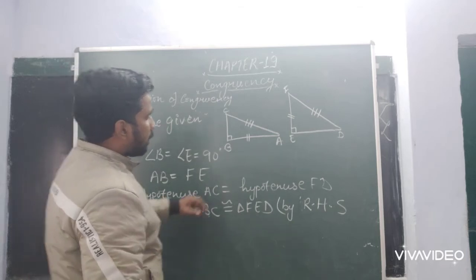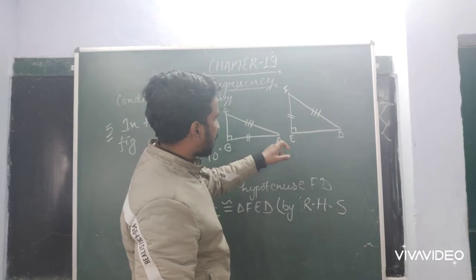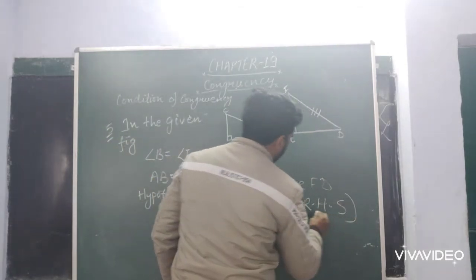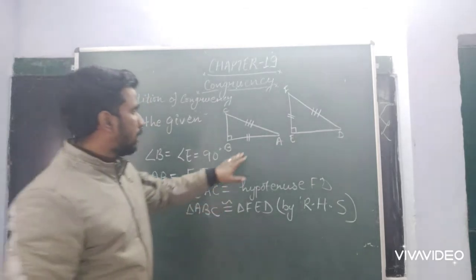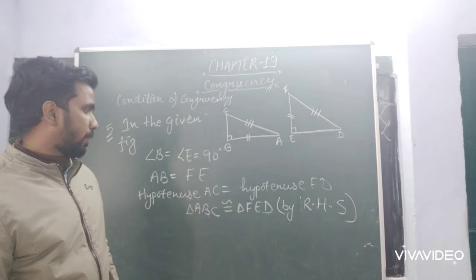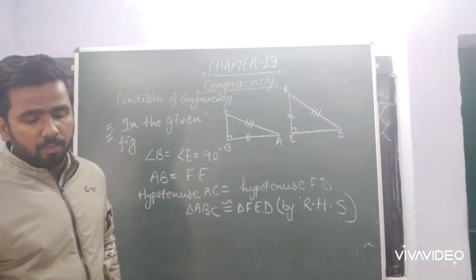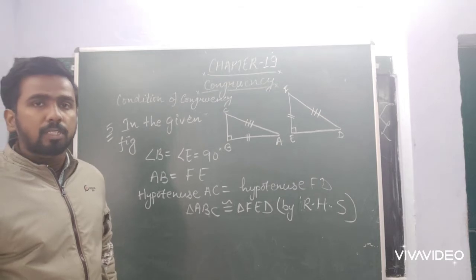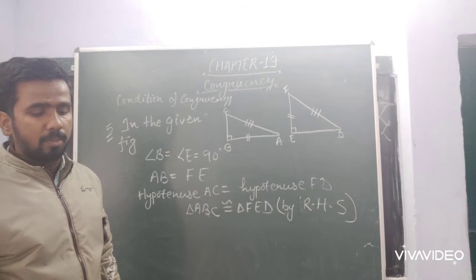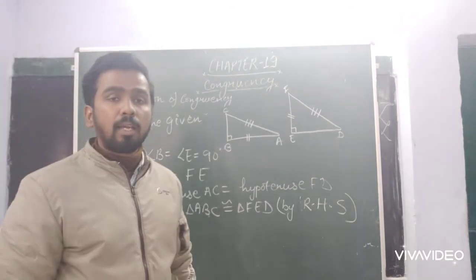It means there is one right angle, and then the hypotenuse and a side are included. So by this condition we are proving that these two right angle triangles are congruent to each other. I hope you are understanding it very well. If you are facing any difficulty understanding this concept, then ask me again. Now we are moving on to the exercises.